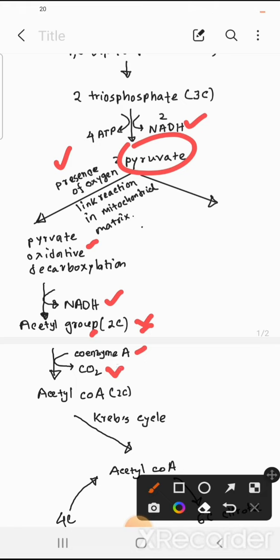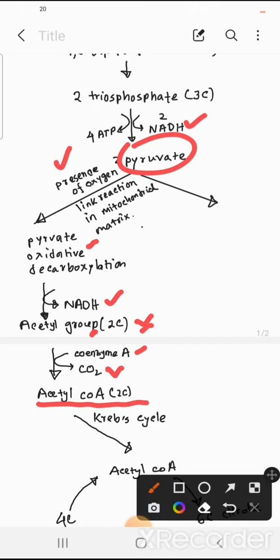Now this is the interesting thing. This is where carbon dioxide is produced in respiration, right? So this coenzyme A reacts with the acetyl group and makes acetyl-CoA. So you have now acetyl-CoA.